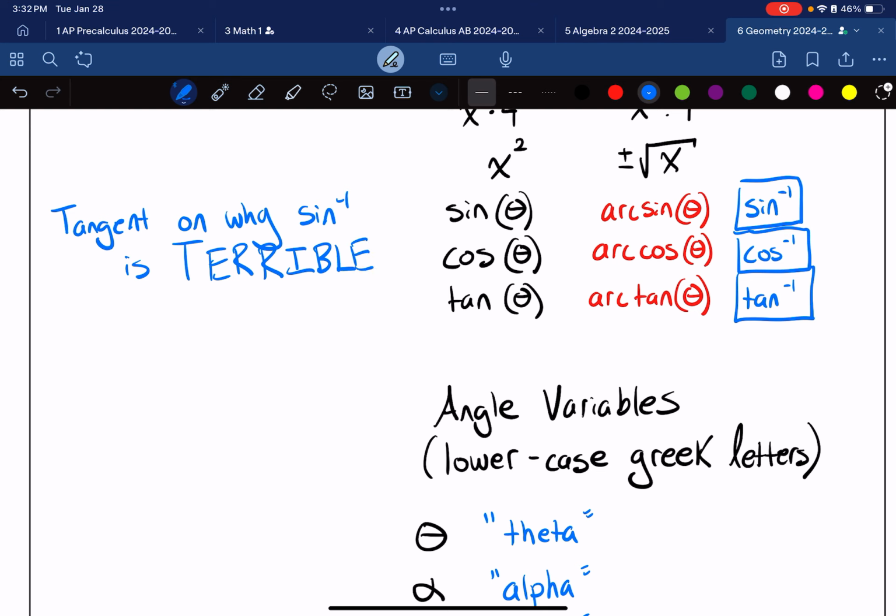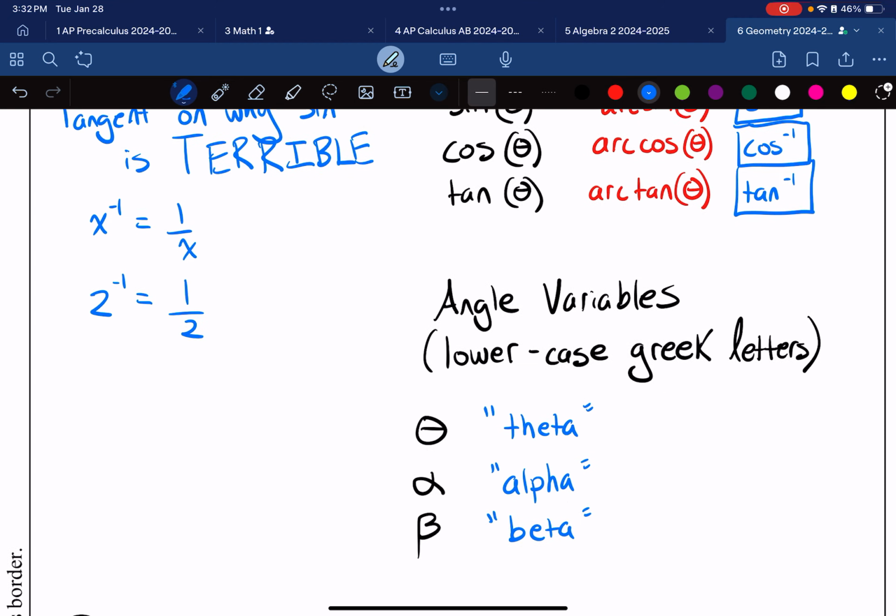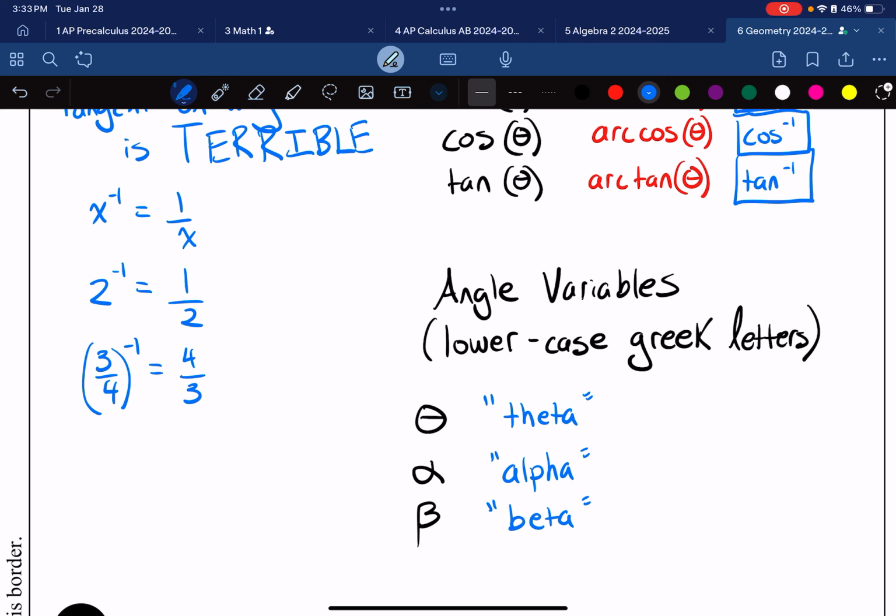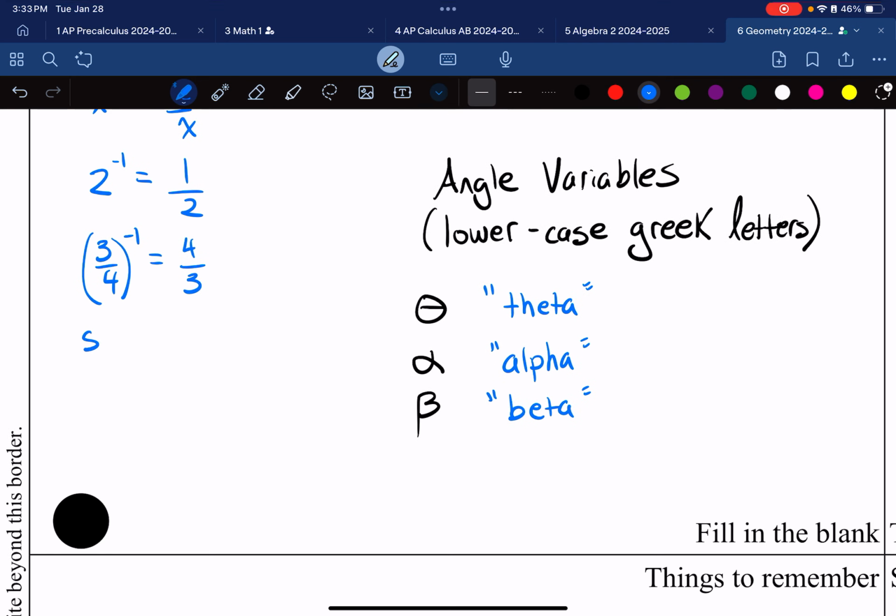So, when you see a power of -1, usually it means this. If I have x to the power of -1, that means do 1 over x. Or if I have 2 to the power of -1, that means go 1 over 2. Or if I have a fraction like 3/4 to the power of -1, it means flip the fraction, change it to 4/3. So you would think by default that sine to the power of -1 means 1 over sine.